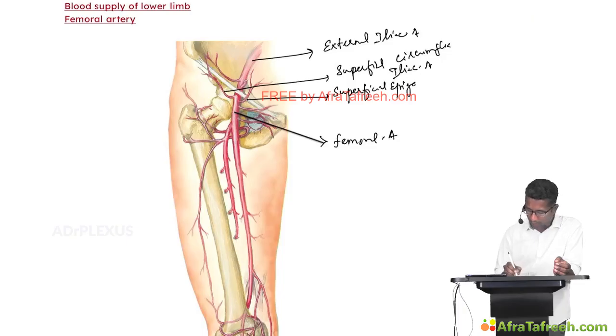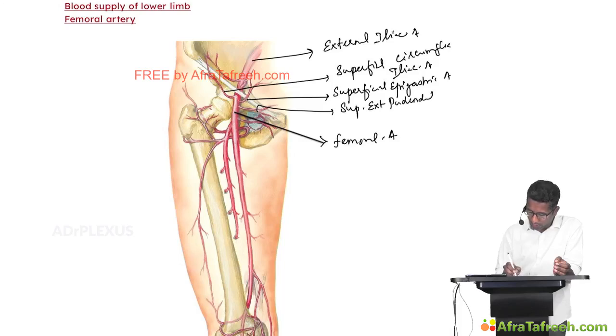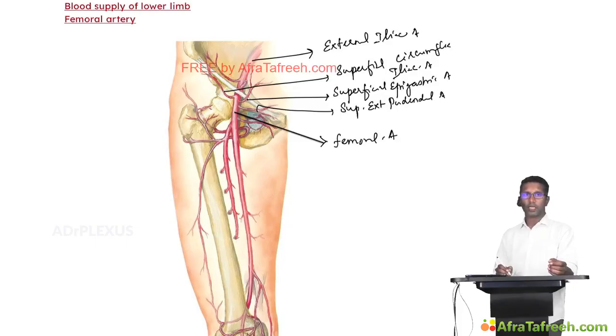The artery you see here is the superficial external pudendal artery. So these are all the superficial branches of the femoral artery in this area.